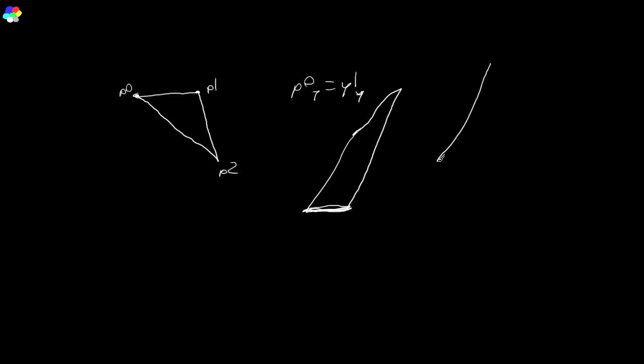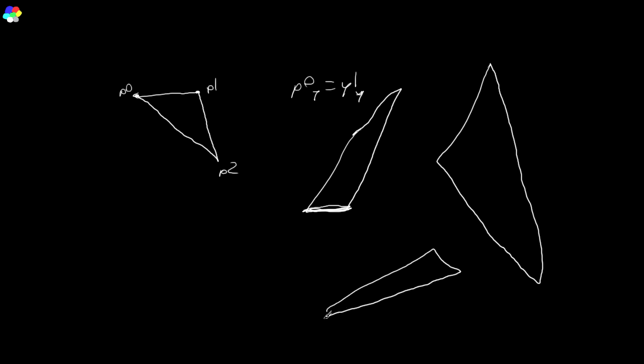Or you can have a general triangle where none of the y's are equal to each other. Here's a nice general triangle for you. Here's another one. And general triangles have two different flavors as well. They have a major left and a major right.